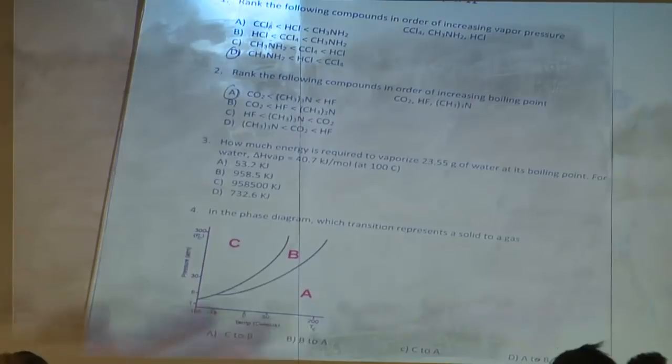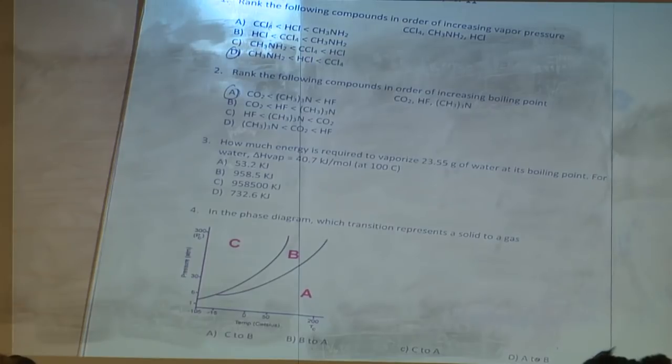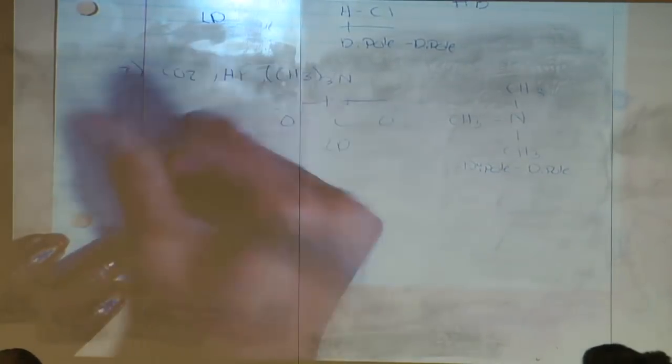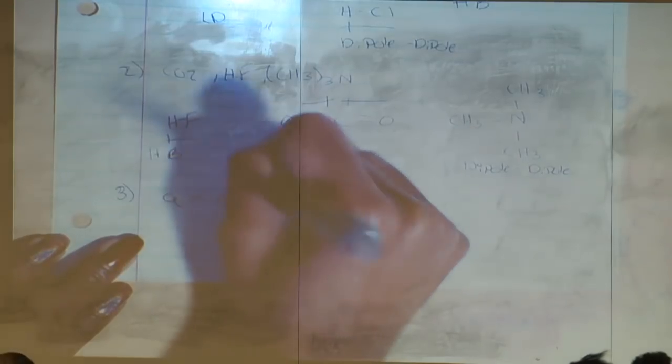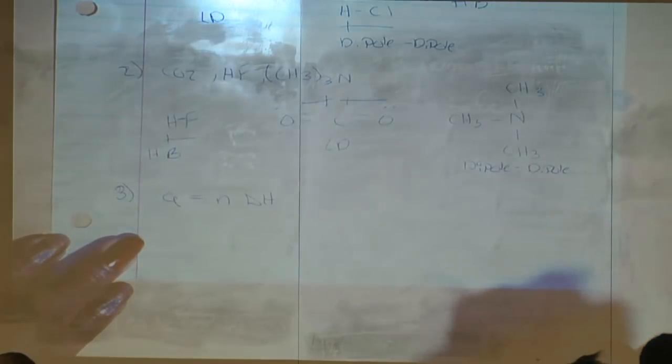All right. Number 3 says how much energy is required to vaporize 23.55 grams of water at its boiling point. And then I gave you the heat of vaporization for water. So this equation is Q equals n delta H. n stands for the moles of whatever the compound is.